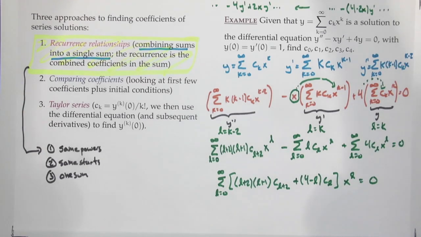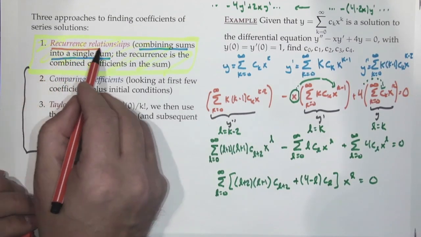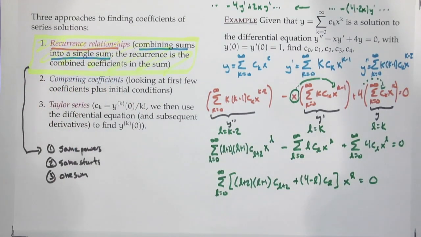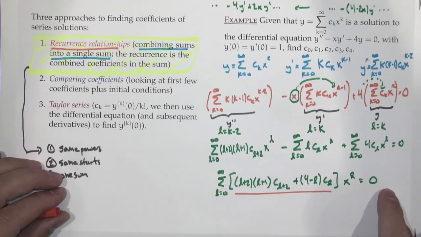Now, here's the pause. This technique is called the recurrence relationships. If a problem says, find the recurrence relation, you must use this first option. And you might say, well, where is the recurrence relation? Well, what you do is you take this coefficient, and you say, what's the corresponding coefficient over here?